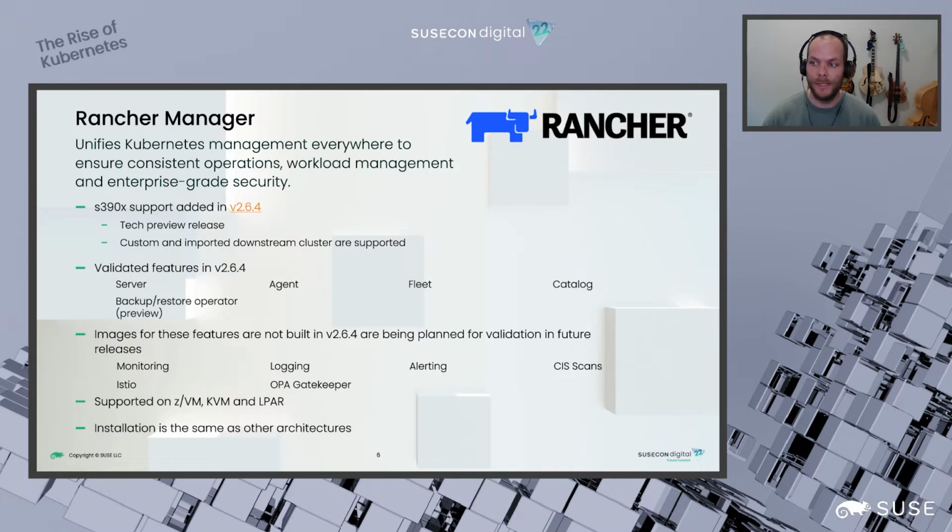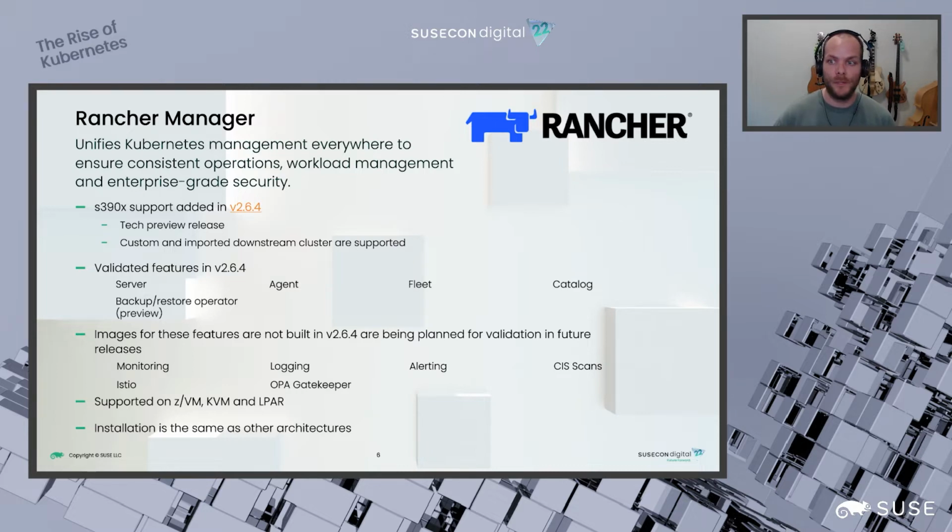The alerting, CIS scans, Istio, and OPA Gatekeeper. Each of these are still in the works, and will probably come in the order that I just listed them, would be my guess. The engineers are actively working on that, and we should know more soon.